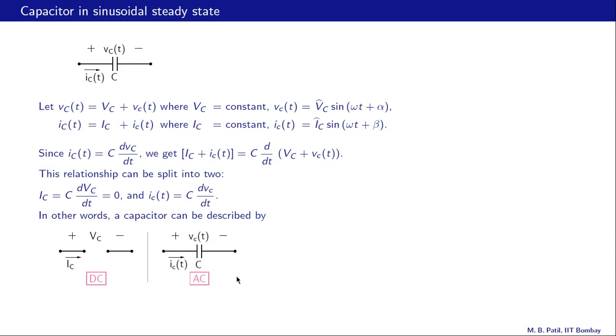And can we now figure out what is the relationship between alpha and beta? We can turn that into a phasor and then go through the phasor analysis. And then we will see that the current leads the voltage, and therefore they are related by beta equal to alpha plus pi by 2.